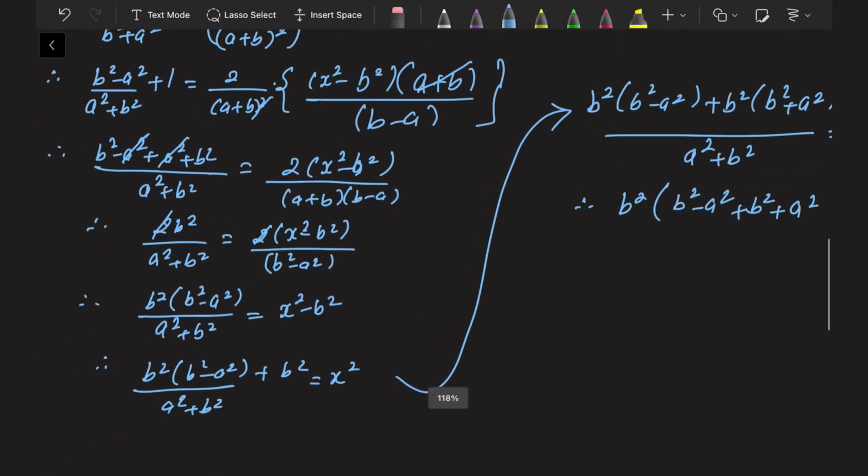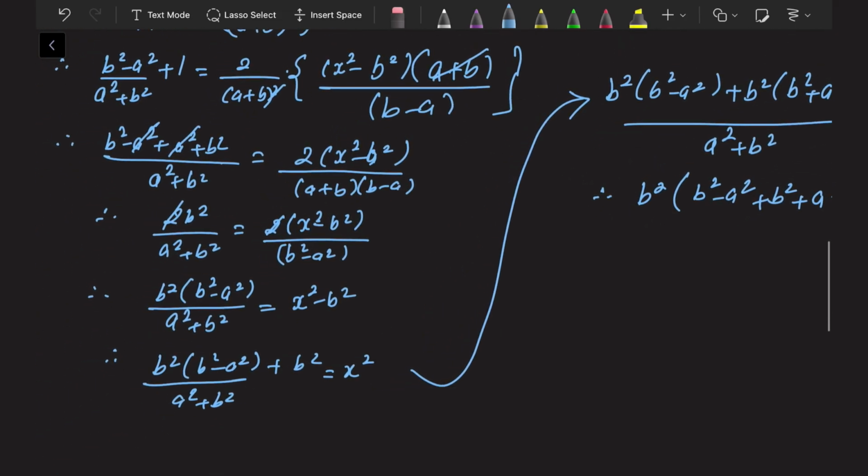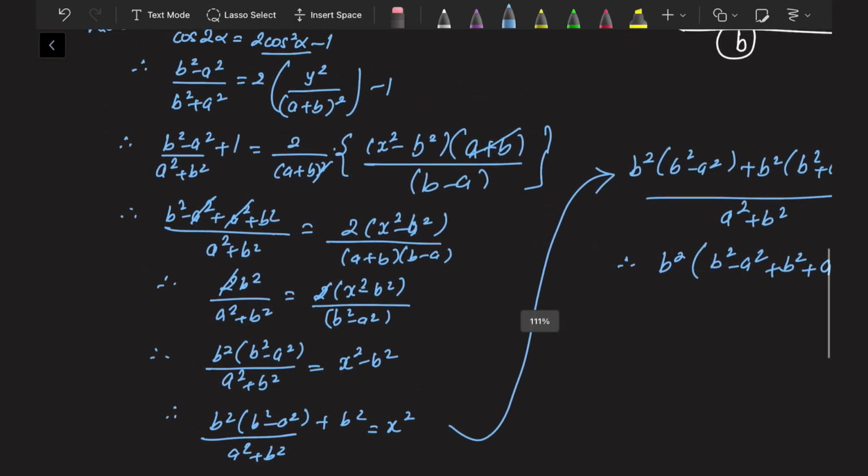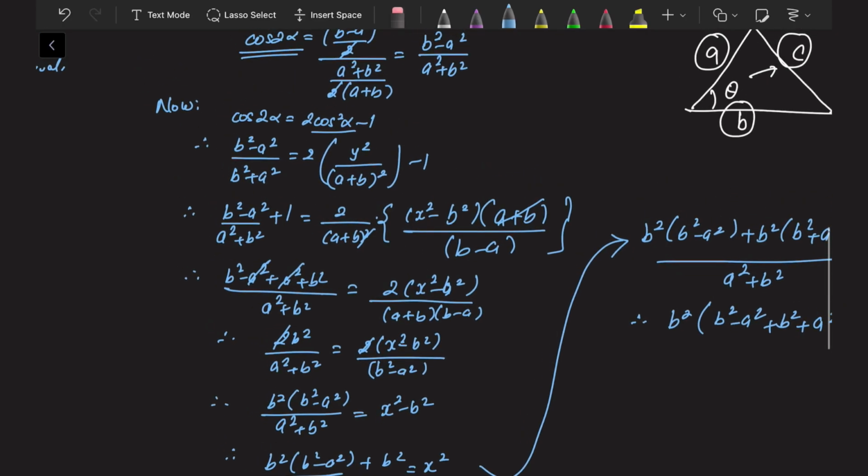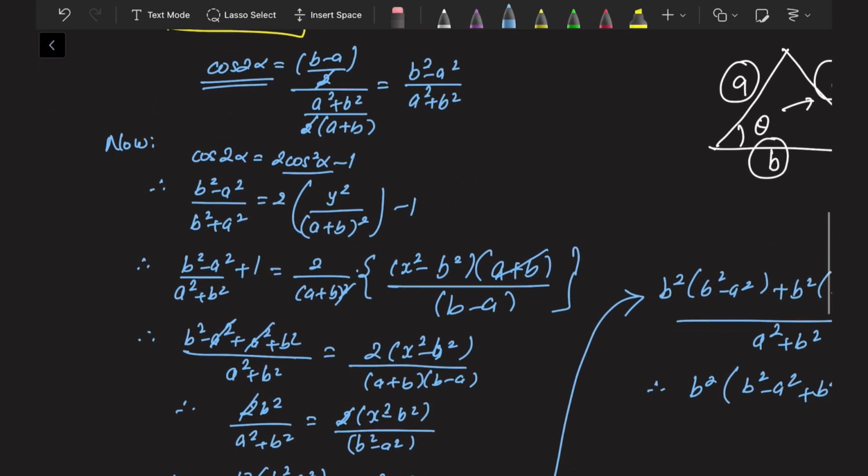No, it's correct. Negative b plus b square is also correct. Where is the mistake? B square minus a square plus 1. The a has been removed, b square remained, nice.